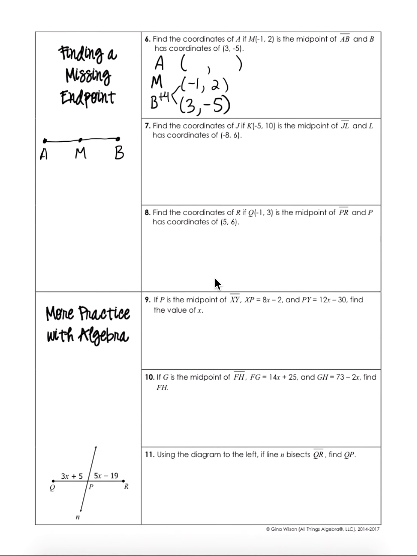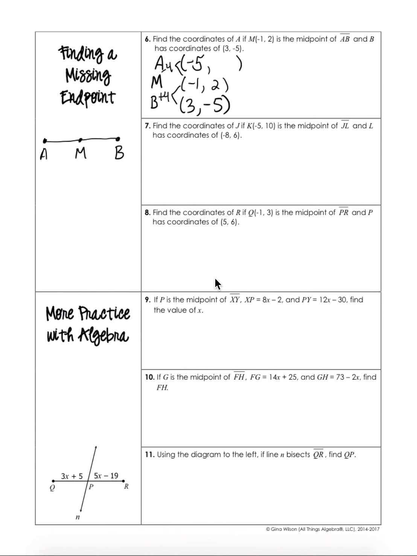So that's 4 spots. Now if I'm still at M and I want to go to A, that means I have to go backwards, right? So I won't add 4 to get to A. I will subtract 4. So negative 1 minus 4 is negative 5. That's how we get the x value.